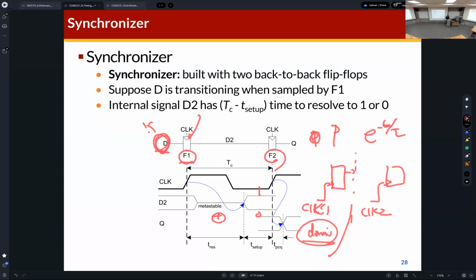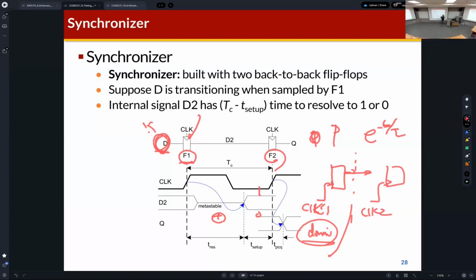But sometimes inside of the same chip, we can use different clock signals. In this case, a different domain can receive the output signals from a different domain, right? So this domain can receive the output signals from this clock domain. We don't know the exact timing of this clock domain compared to the clock signal of this domain. So in this case, we also need to use the synchronizer.